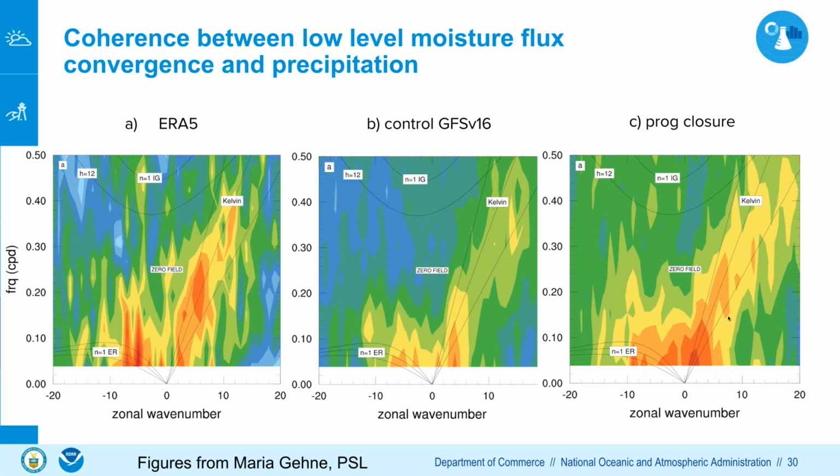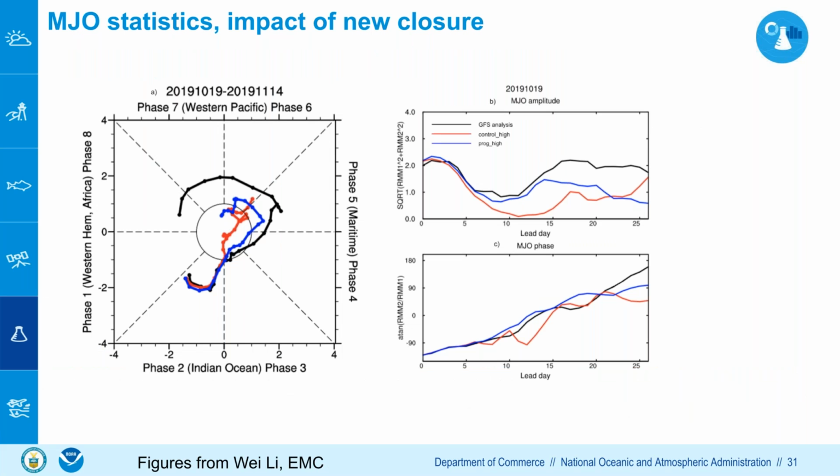And given the studies in the literature suggesting that an enhanced coupling between moisture and subgrid convection is important for MJO prediction, we did the MJO case study, and you can see that in this particular case we have a very positive impact of using this prognostic closure.